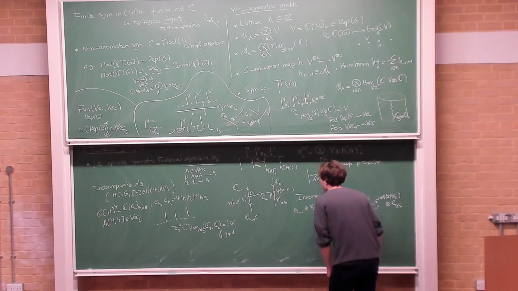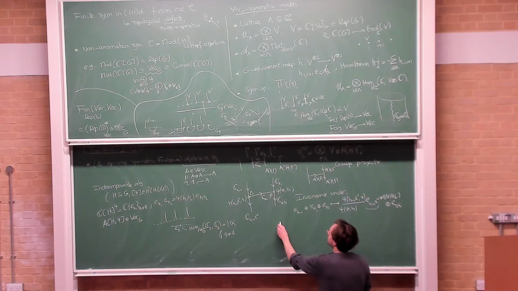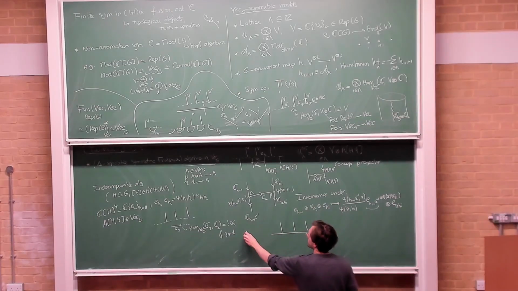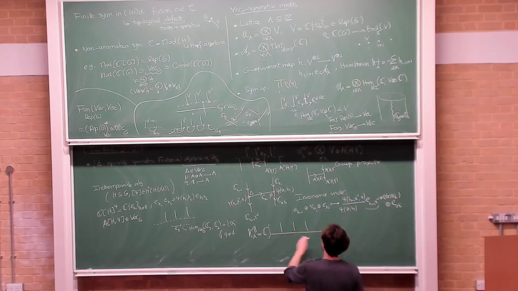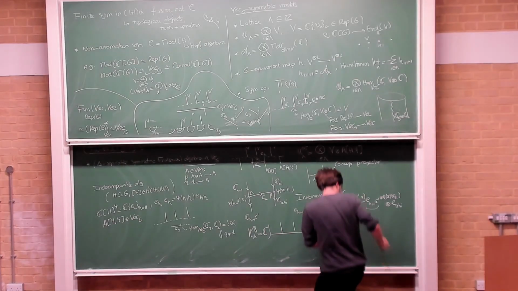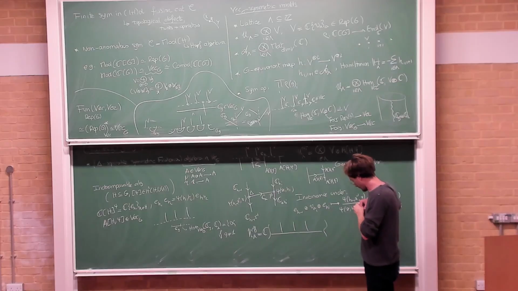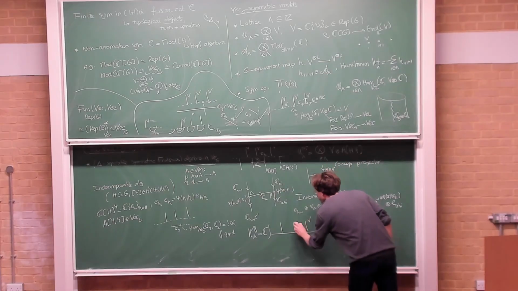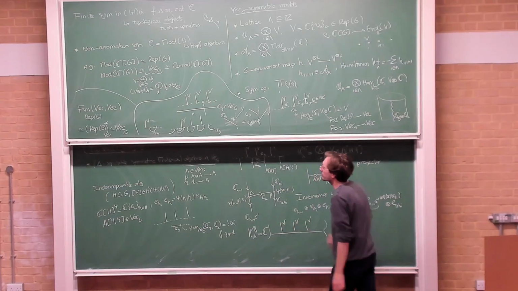So let me give the solution, and then maybe I can clarify what it means. So we end up with an effective Hilbert space spanned by vectors. But we still have V over here. But now I'm replacing the choice.